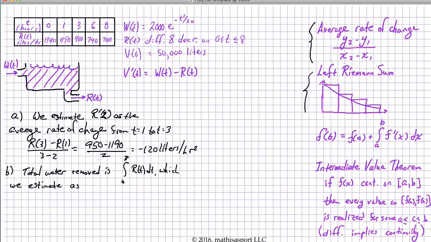Remember, the only thing that you have to keep in mind is that we're just adding up areas of rectangles, but for each rectangle we're using the leftmost height of the function.